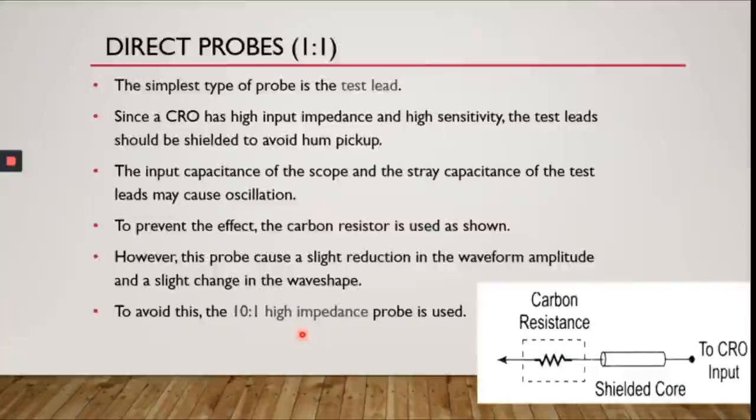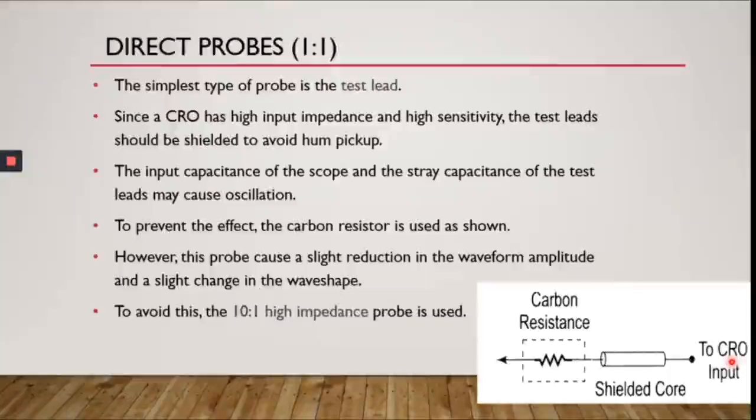And then to measure, we have probes. Okay, and probes are connected to the point we want to analyze. So a simple probe, we can have a conductor, and we have a shielded core, we have some carbon resistance, and we connect the end part to the point we want to measure, and it's going to be connected to the oscilloscope input.